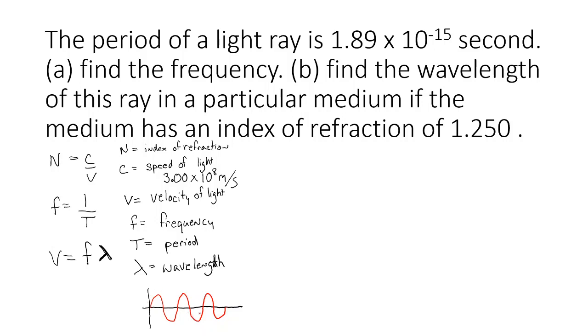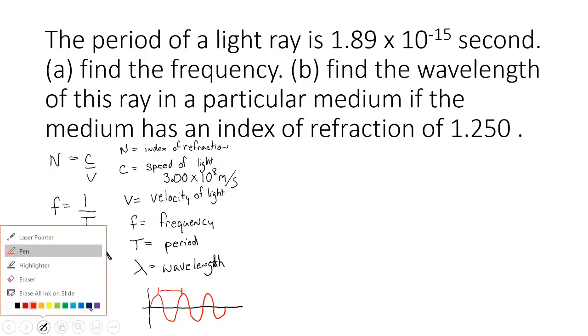Period is the interval at which it repeats, and wavelength measures the distance from crest to crest. That's why some of those wavelengths that you've been getting in your homework are very, very small answers. Hopefully that makes sense with all the stuff we've been working on here.